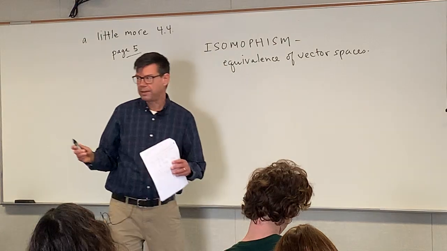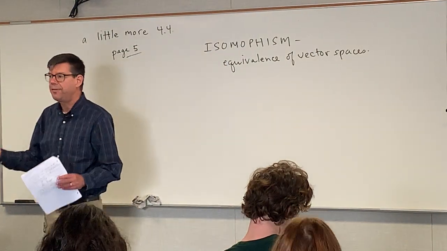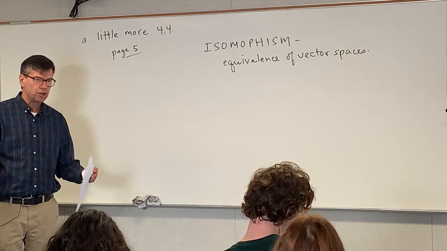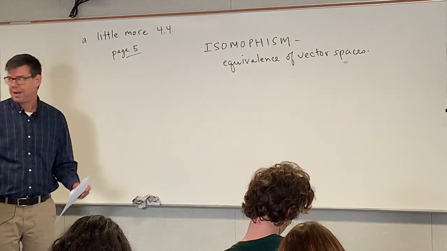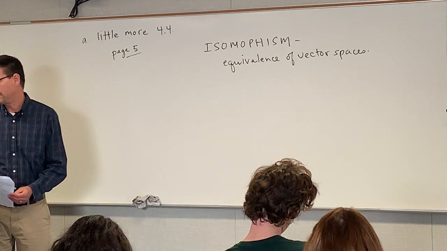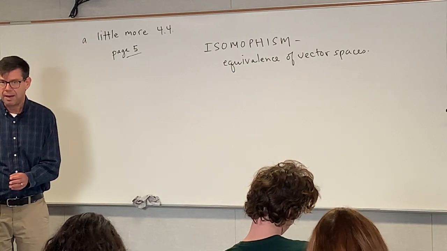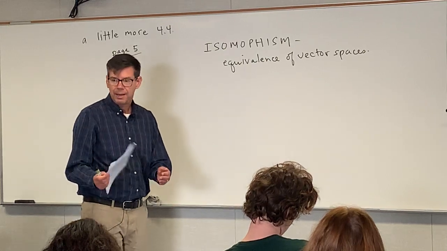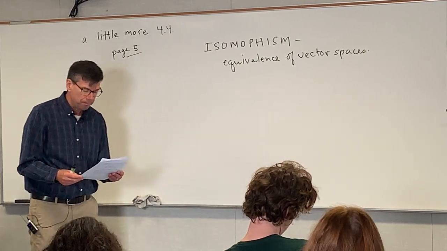So when two vector spaces are isomorphic, if there's an isomorphism between them, they are essentially the same. They're equivalent in some way. They might not look the same, but the isomorphism gives a one-to-one correspondence that matches them up.